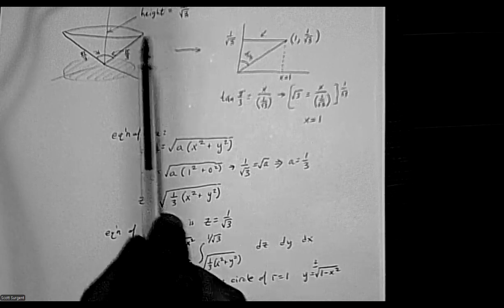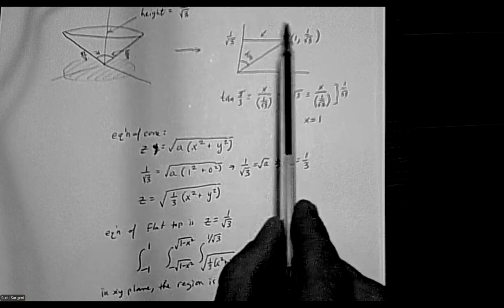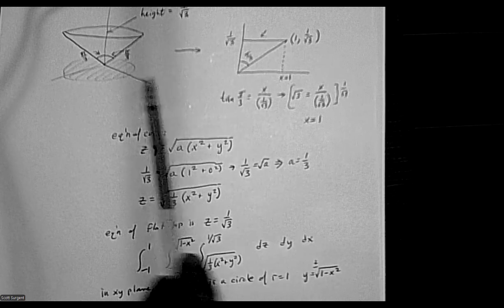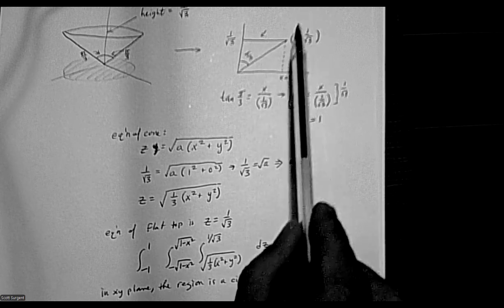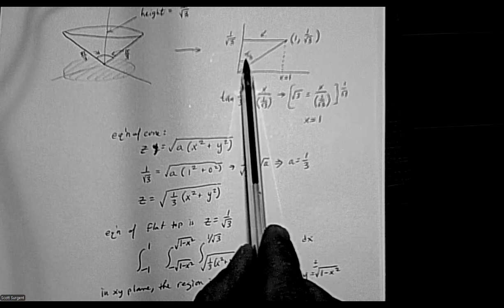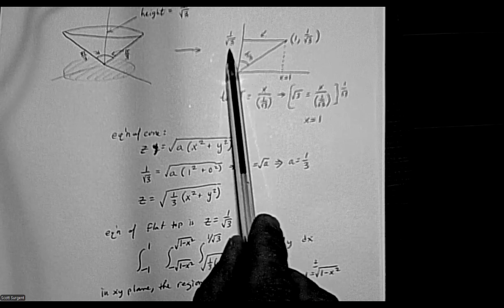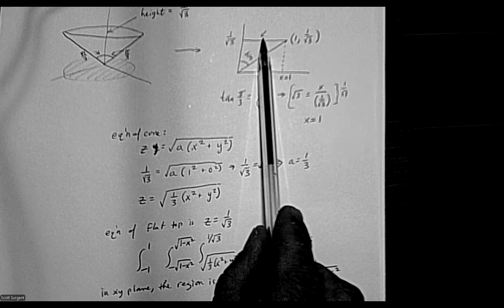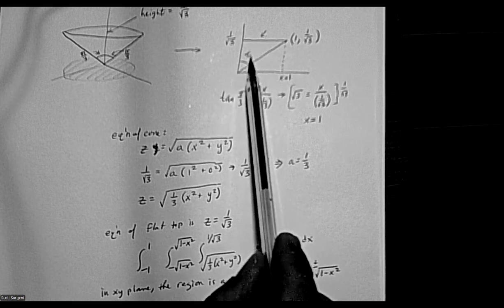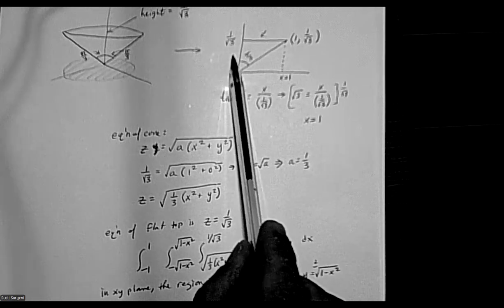I need to know how far out the cone extends over the XY plane, so I need a point on the edge here. I just drew a side view. I know the angle coming off the z-axis is going to be pi over 3. I know the height is going to be 1 over rad 3. I don't know what this is, so I just work it out. I know that the tangent is opposite over adjacent.